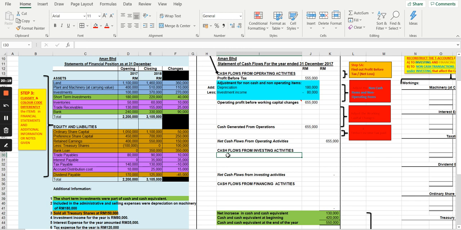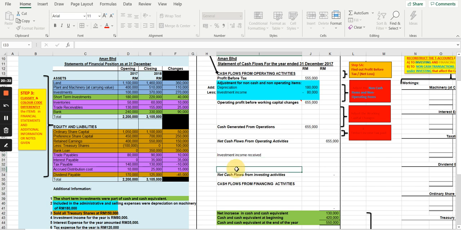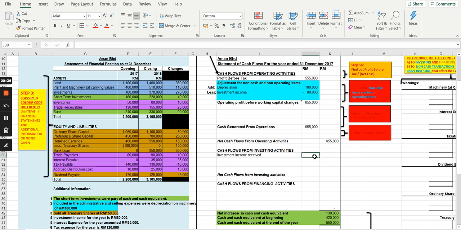So I'm going to put here investment income received. Investment income can also be in the form of interest income. If you have interest income, you can also include that under your investing activities, but this is what you actually receive.